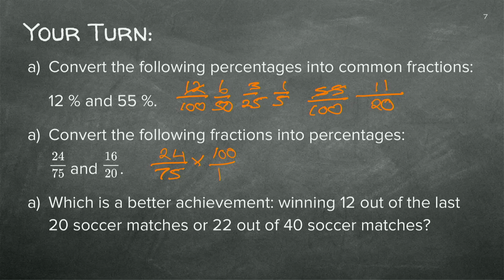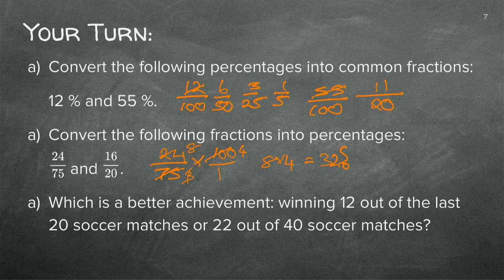So I can see 25 can go here 3 times. 25 can go there 4 times. Are you with me? So then 3 can go into 24 8 times. So 8 times 4 equals 32%.